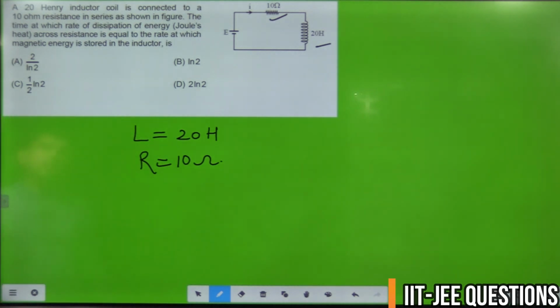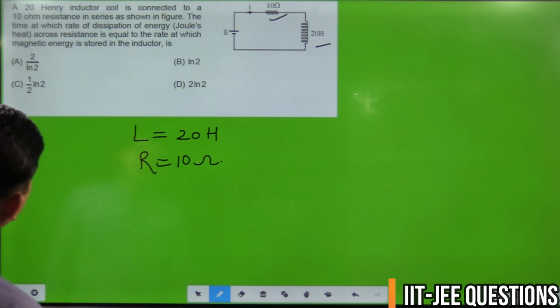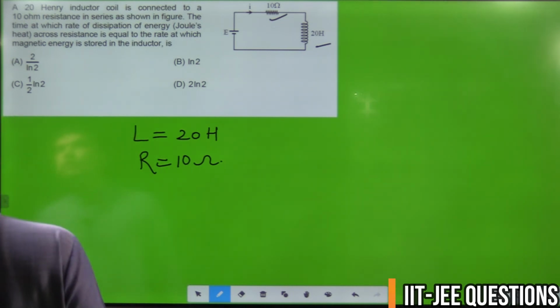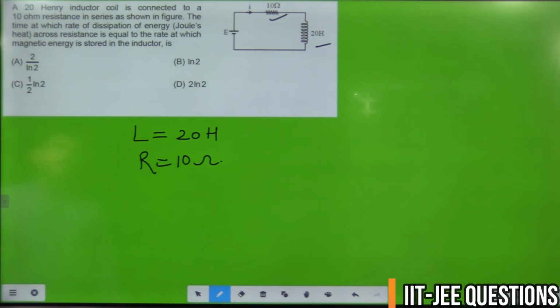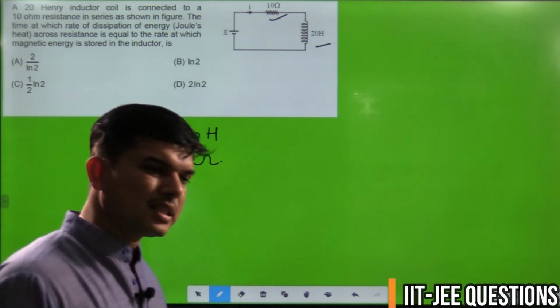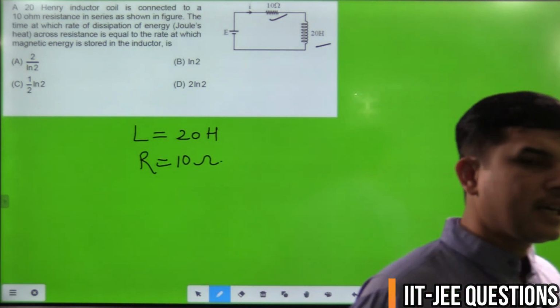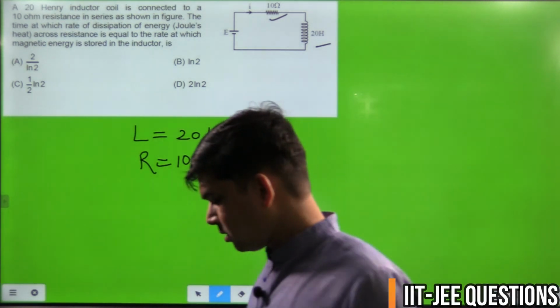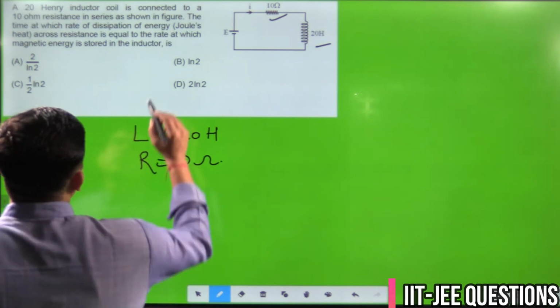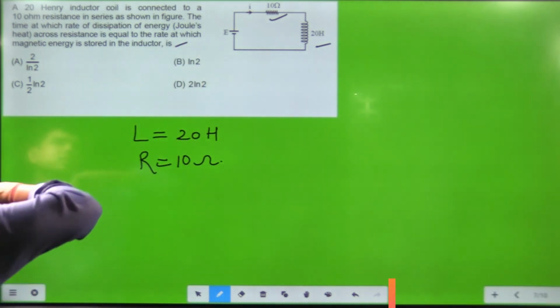The time at which the rate of dissipation of energy in joule across the resistance is equal to the rate at which magnetic energy is stored in the inductor, meaning the magnetic energy stored in the inductor is equivalent to the rate of energy dissipated, and you have to find that time.